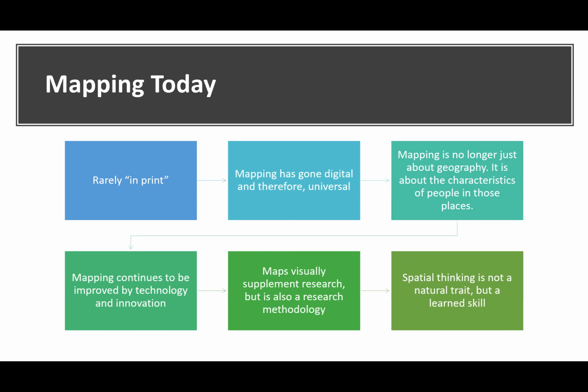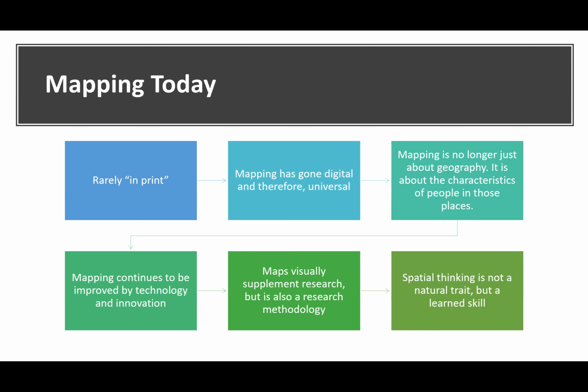And mapping now is no longer just about geography. It's about the characteristics of people in those places as well. So not only are you looking at geographic information, but you're also looking at patterns of behavior, both with people and other instances, to be able to look at the relationship between those things.